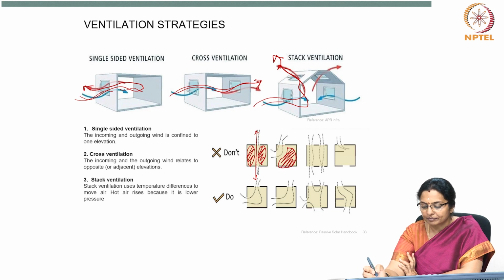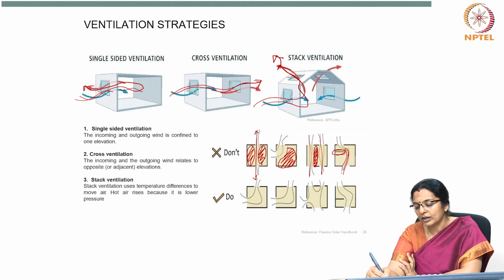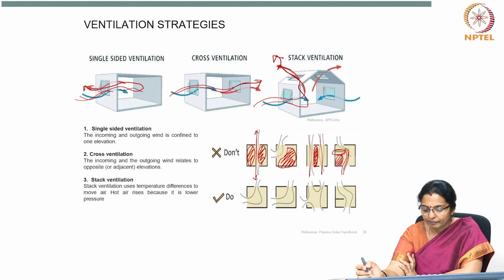shadow region. You must also not have openings parallel like this, as the center part is wind shadow region, and you should not have walls like this, as they function like wing walls to divert the breeze, causing wind shadow region.